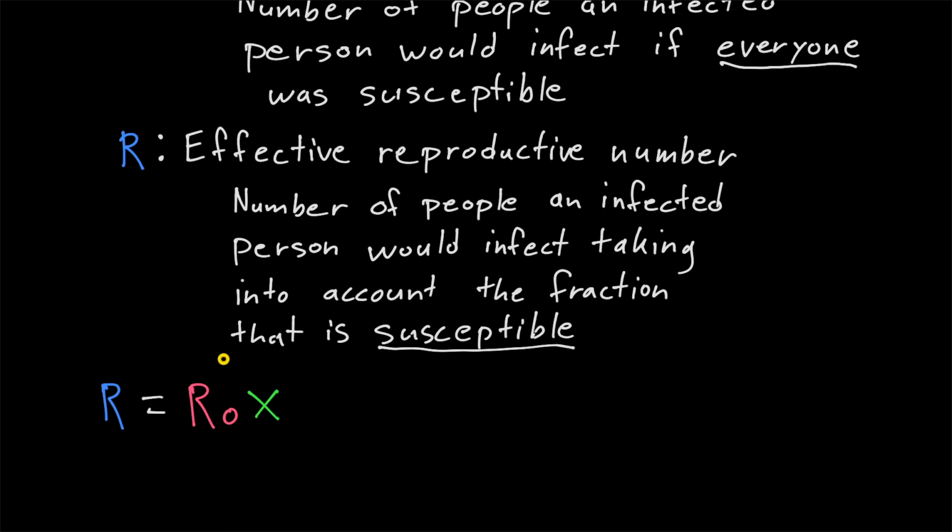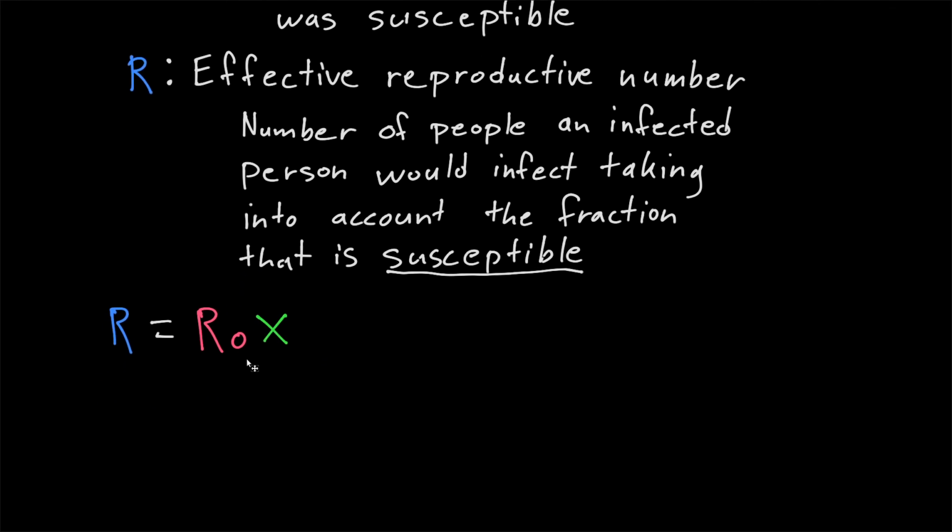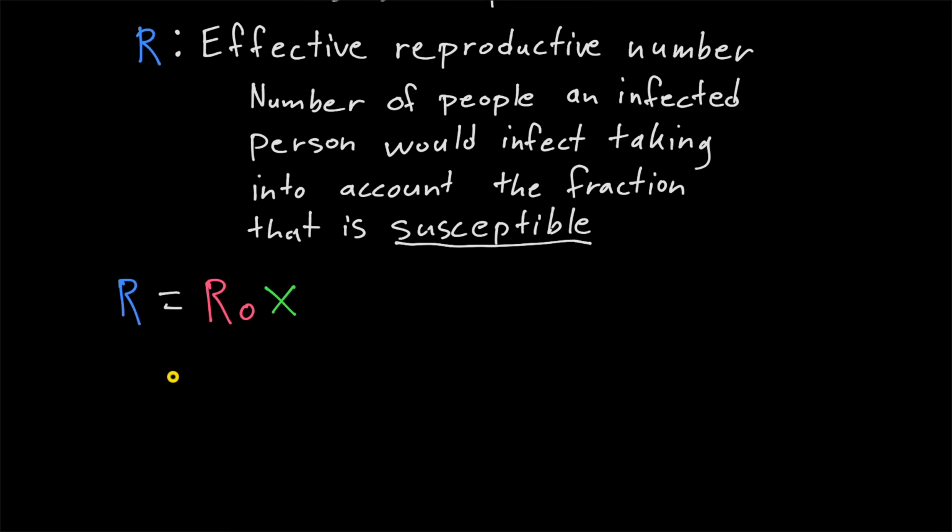in this relationship between the effective reproductive number and the basic reproductive number. So what we're going to get is that R is equal to R naught times 1 minus y.